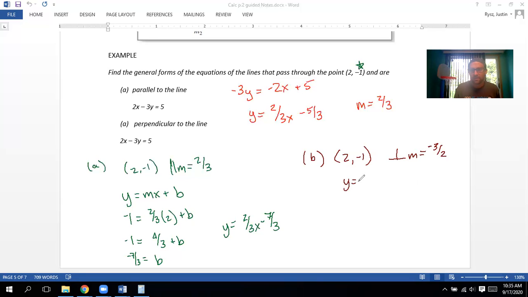Still using y = mx + b, we have the same x and y, so -1 = -3/2 times 2 plus b. -3/2 times 2 is just -3. Add 3 over, and we get 2. So y = -3/2 x + 2 for the perpendicular one. It's not too bad, just still using y = mx + b. We just have to use some information to find it.